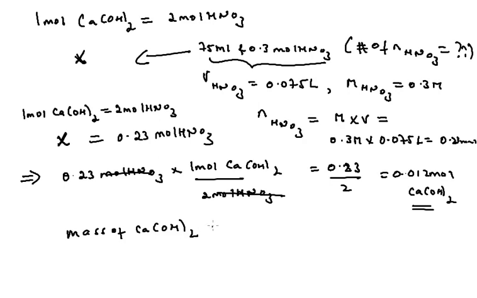Now remember, the question was, we wanted to know the mass of calcium hydroxide. So we have moles of calcium hydroxide, 0.012 moles, which has to be changed into mass. How do we do that? We have to multiply by the molar mass of calcium hydroxide. What is the molar mass of calcium hydroxide? That's going to be the weight of calcium, which is 40, the weight of oxygen in this case, 32, and hydrogen, 2.